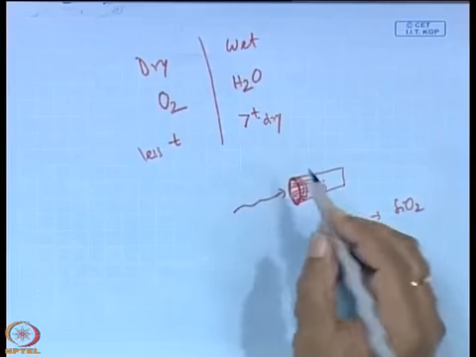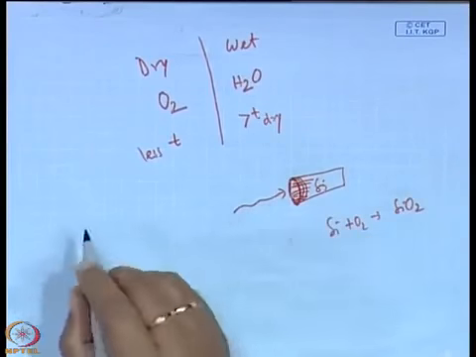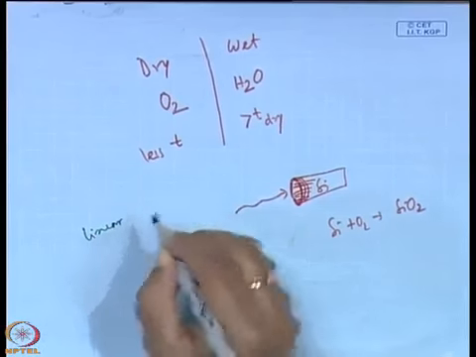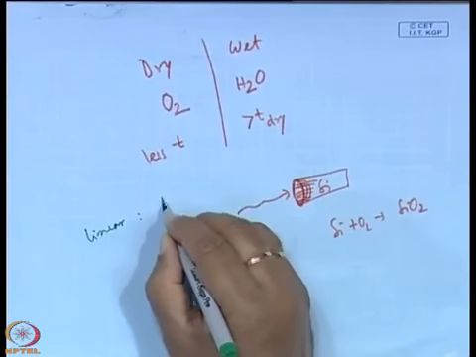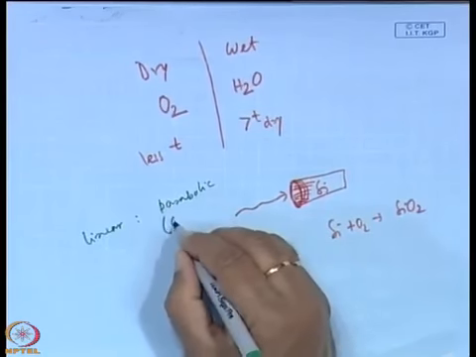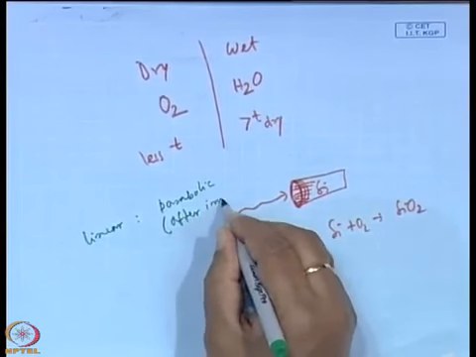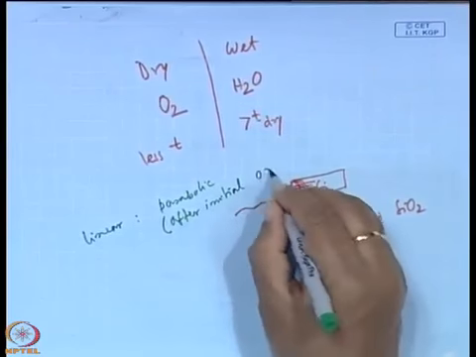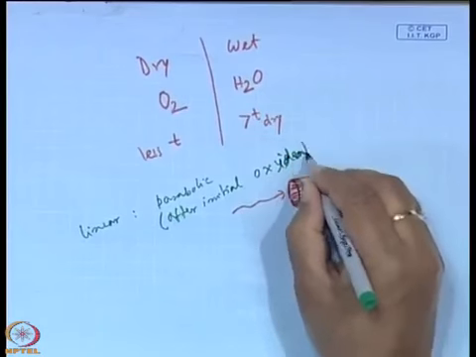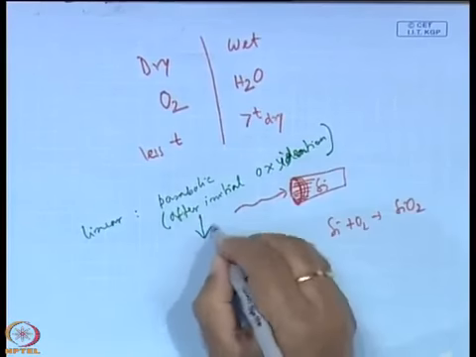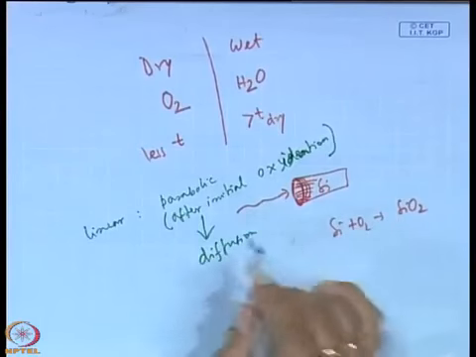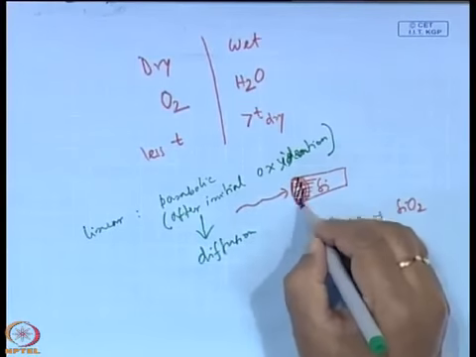Depending on those models, the linear rate constant is different from the parabolic rate constant after the initial oxidation, because diffusion takes place through this initial layer of oxidation.